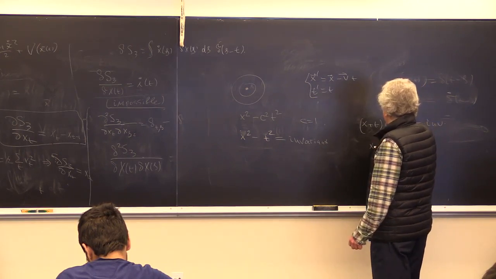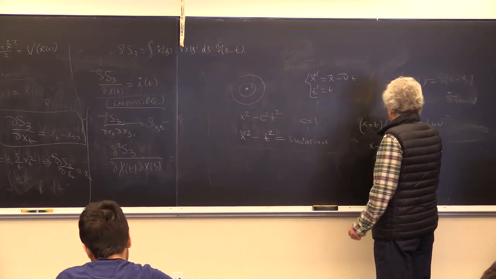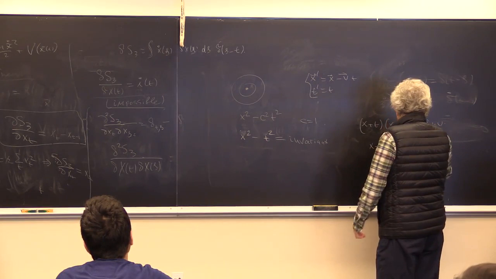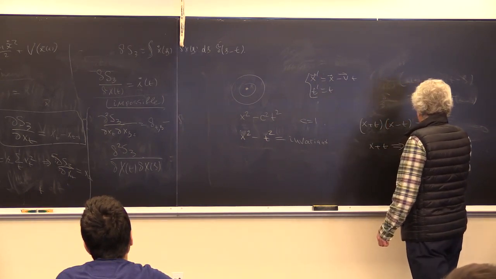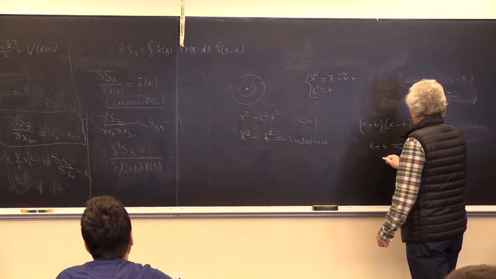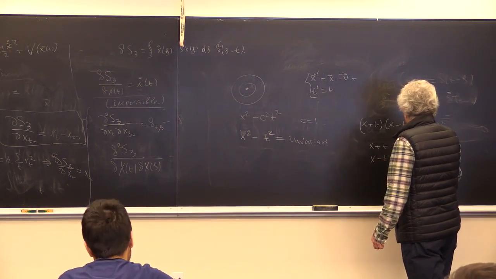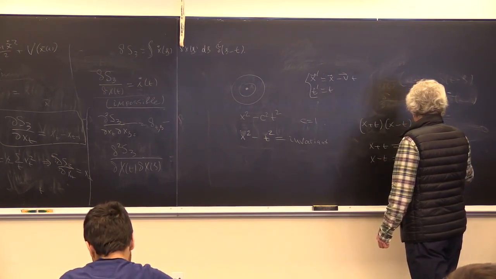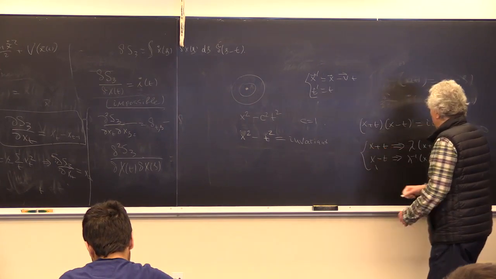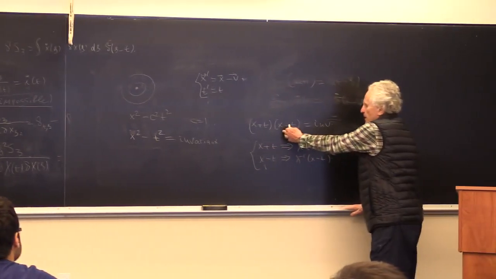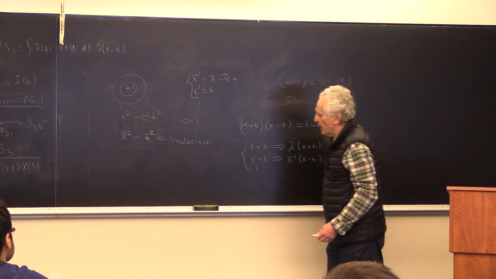And consider the transformation where x plus t goes to lambda times (x plus t), and x minus t goes to lambda to the minus 1 times (x minus t). Very simple. And obviously this will be invariant.